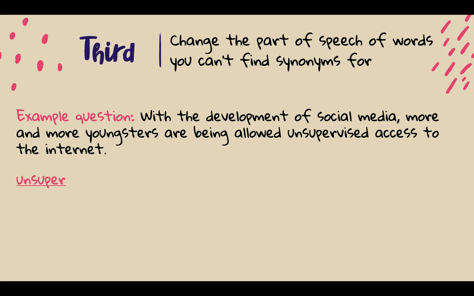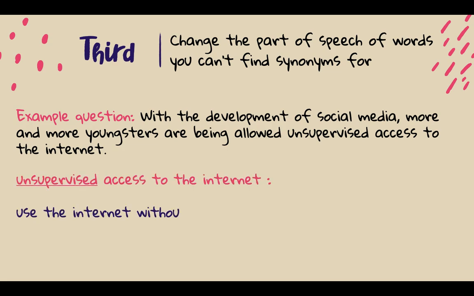So we already know unsupervised, but perhaps we could change it to another part of speech. Unsupervised in the question is being used as an adjective. However, we could try to use a noun. Instead of saying unsupervised, we could say without supervision. It means exactly the same. Yes, we have used a very similar word, but at least we have changed the part of speech.